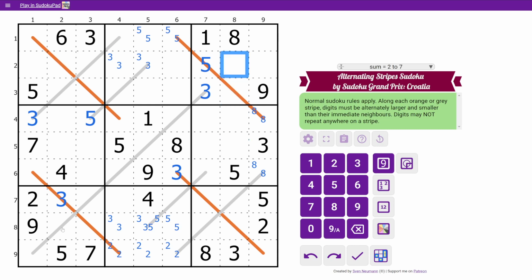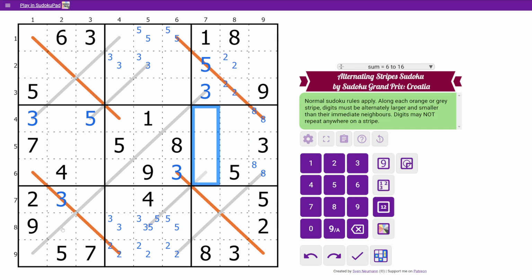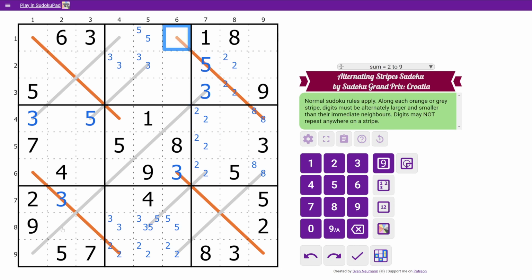We'll keep Sudoku in. 2 still went there. 5 can't go here. It gives me a 5 down there. It didn't fix my 3 issue.